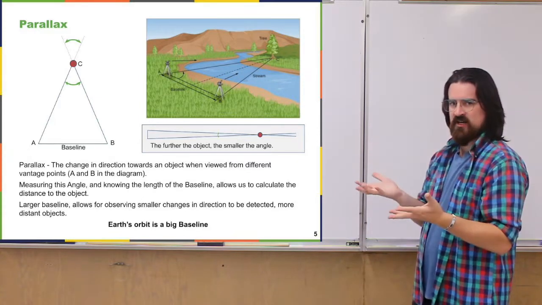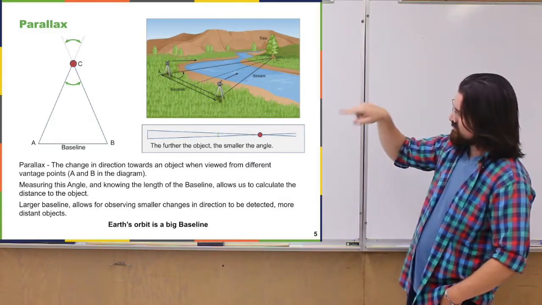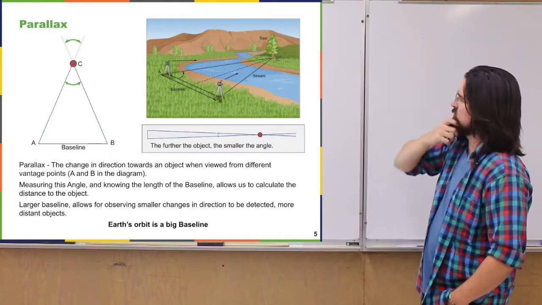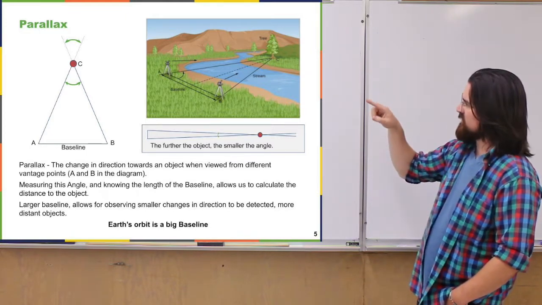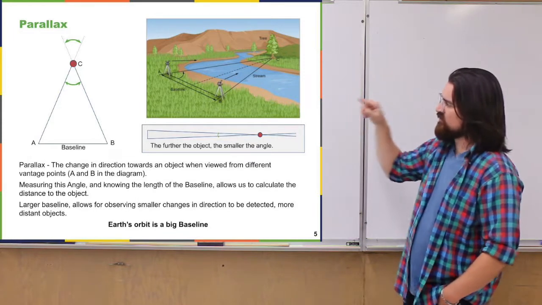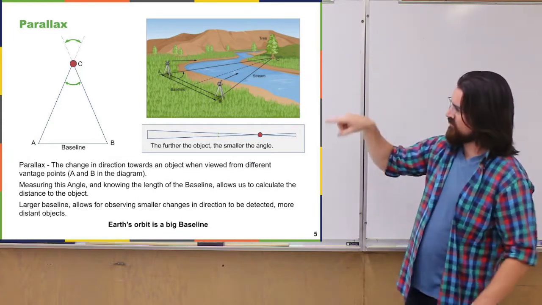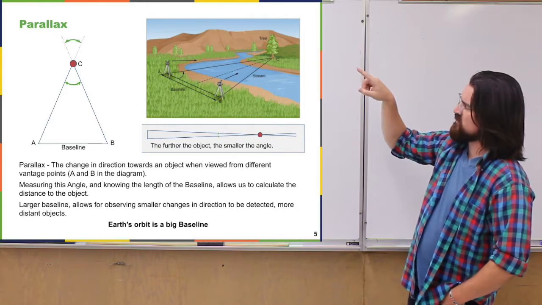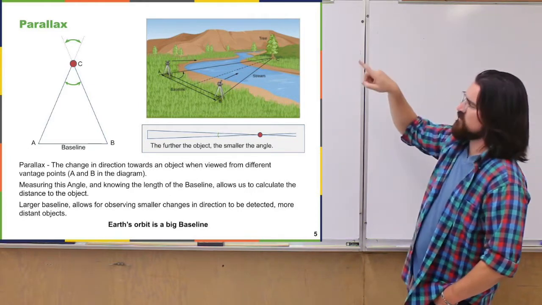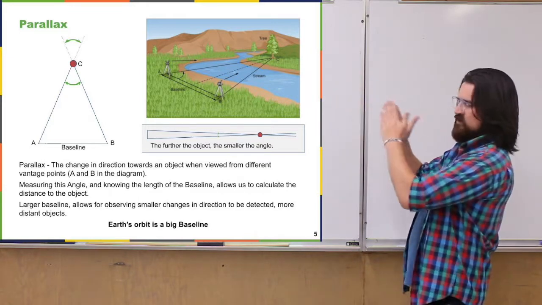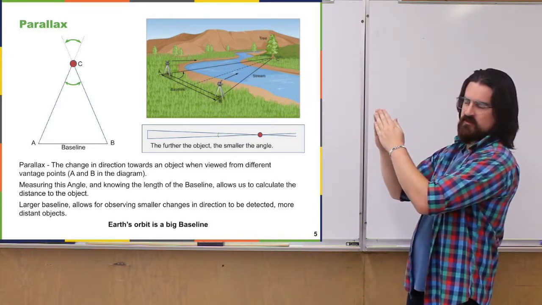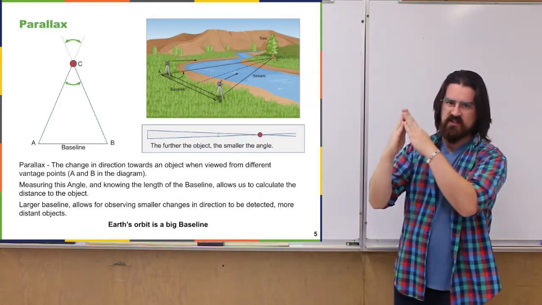But this is still the triangulation process. I just drew a diagram on the left, pretty much of what the picture is when we're trying to triangulate the tree, and indicating the angle between the two directions. So from A viewing C, and then from B viewing C, that is the difference in the direction between the two vantage points. Okay? And we can quantify that as an angle.